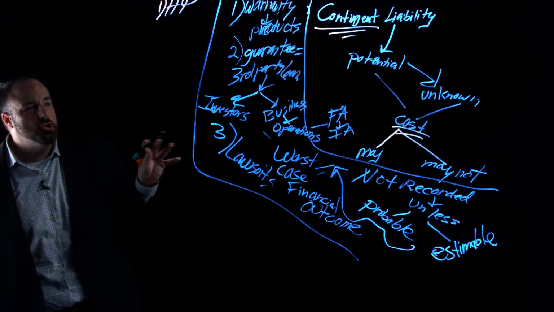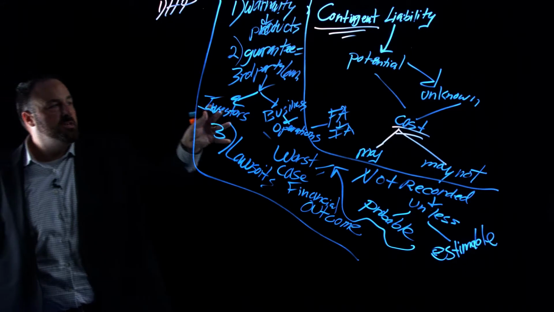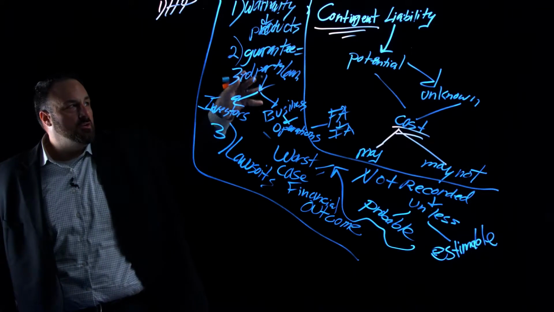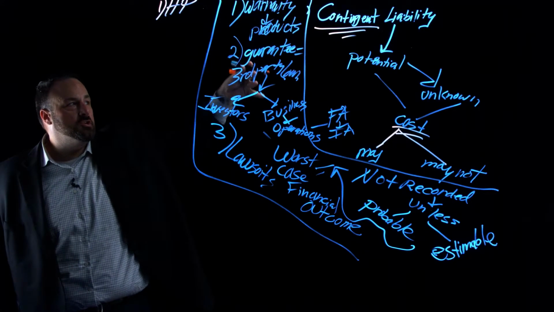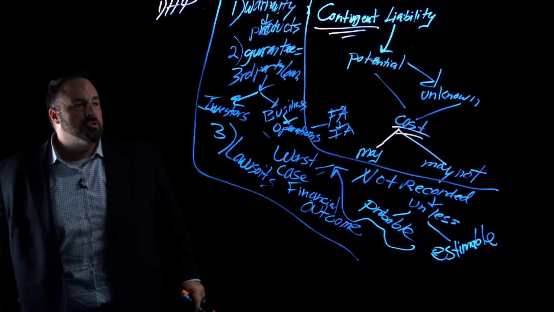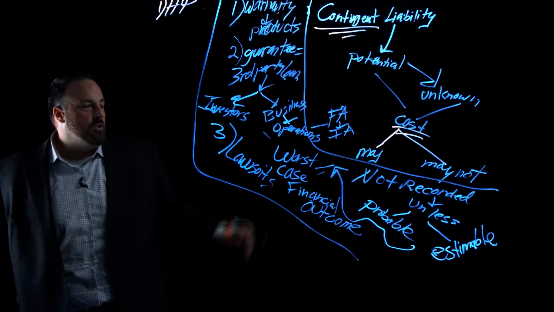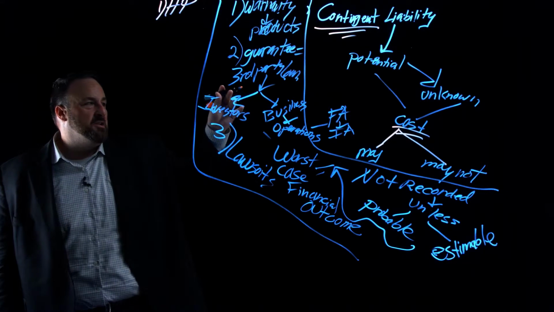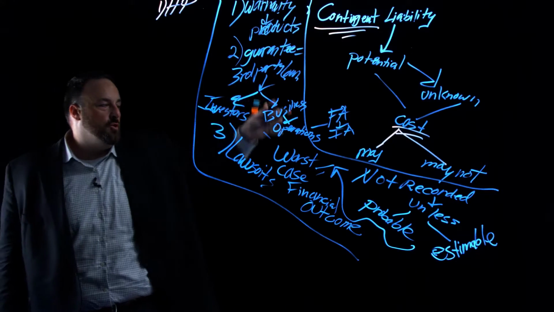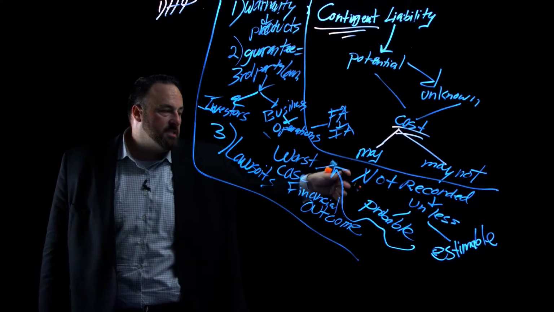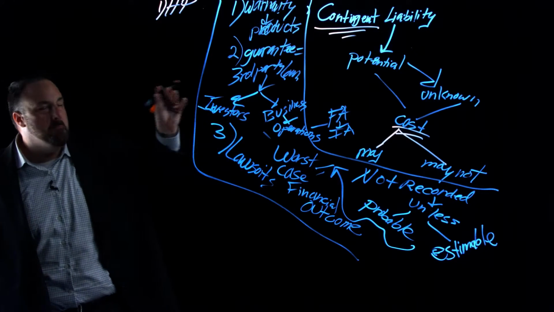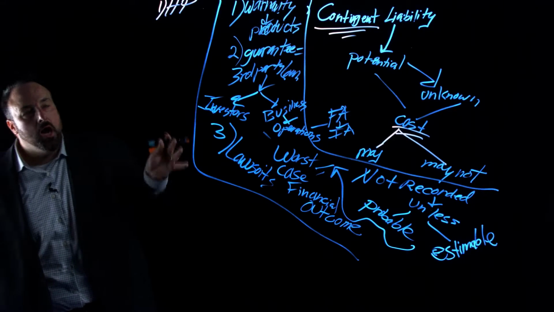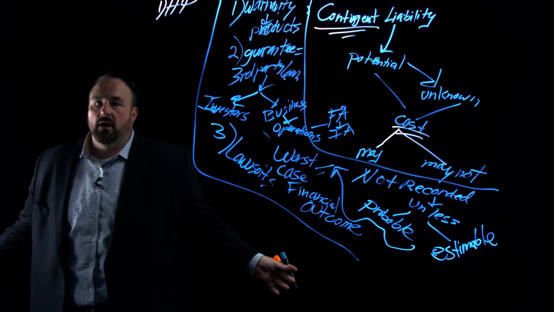So this is two-pronged, and it really fits the core definition, by and large, of what a contingent liability is. Even though I mentioned that it's potential and unknown, probable and estimable, and it may or may not happen, high probability kind of writes itself.